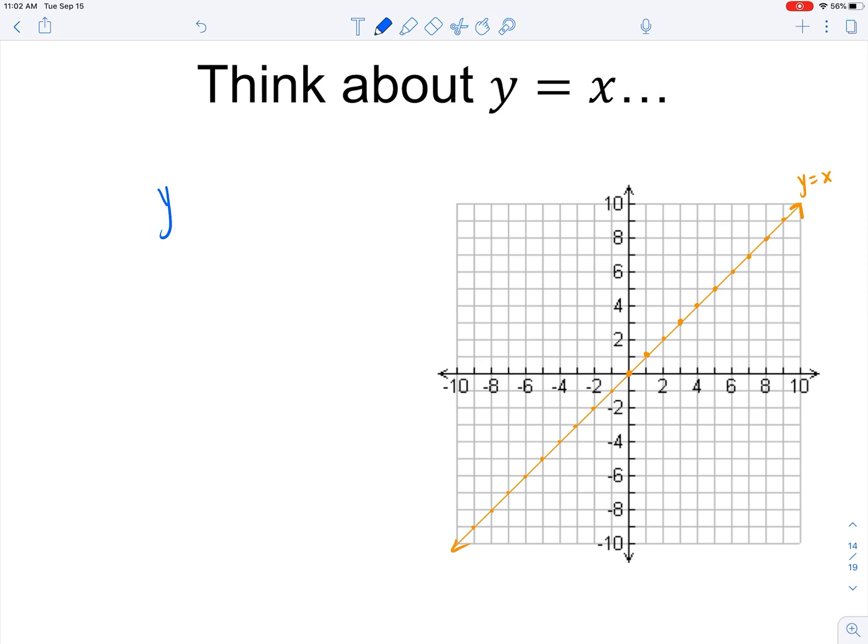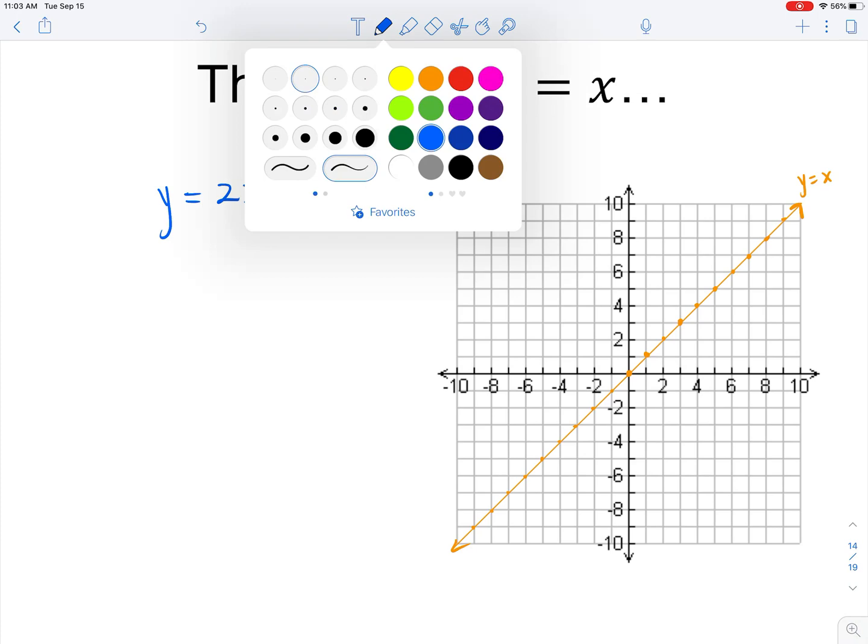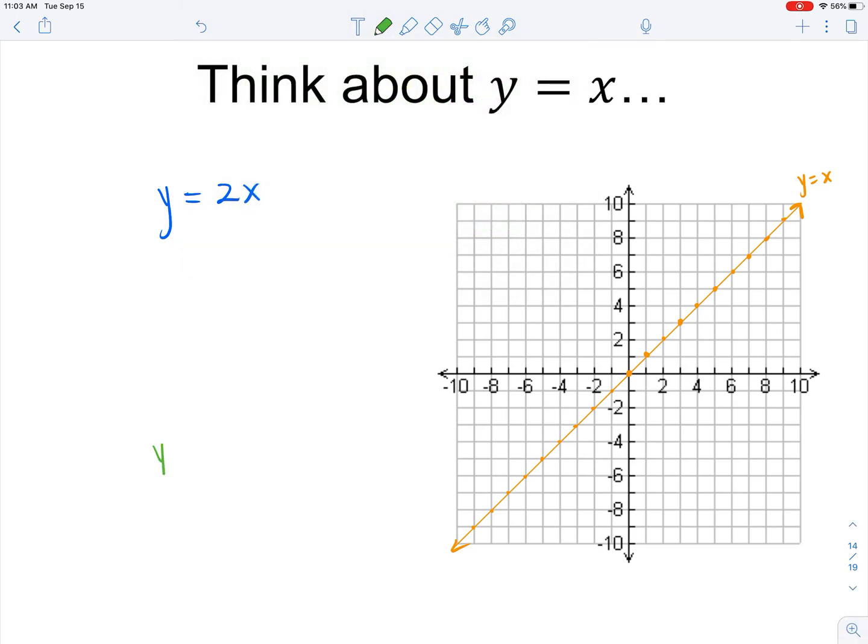So let's say that we have the equation y equals 2x. And in a different color down here, I'll write the equation y equals x over 2, which can also be written as 1/2 x. I just want to show you both ways, as a reminder that if you see x over 2, that is the same thing as x times 1/2.